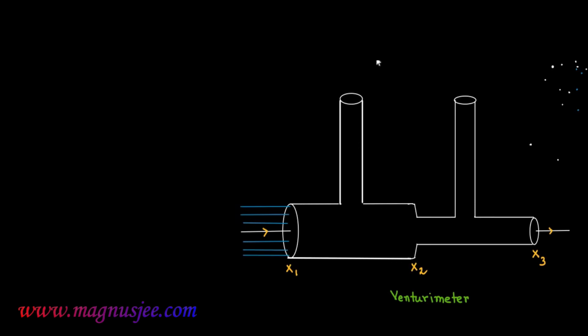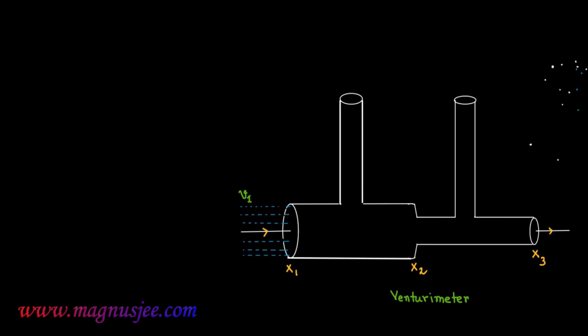Liquid flows into the pipe X1X2 with a speed V1, and liquid emerges out from the end X3 of the horizontal pipe X2X3.